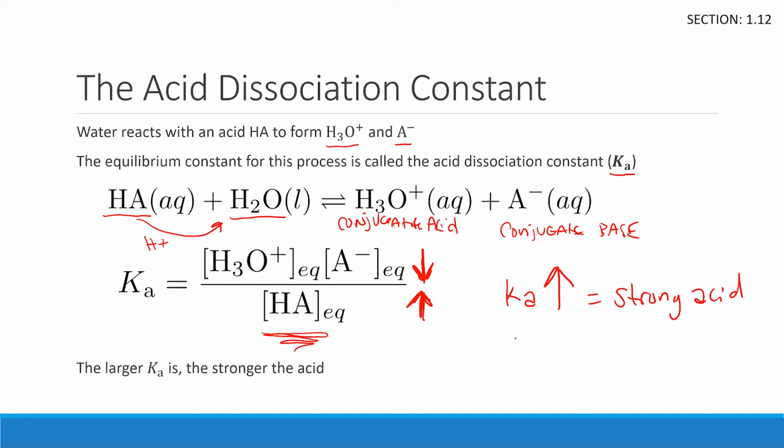So ultimately, our Ka will be small, and that means you have a weak acid. So that's how we get these numbers. But ultimately, remember that a large Ka is a strong acid and a small Ka is a weak acid.